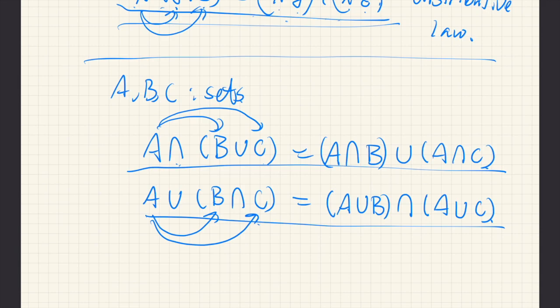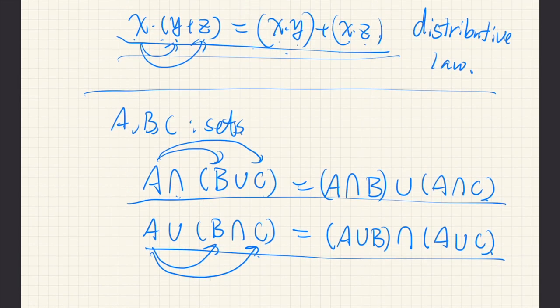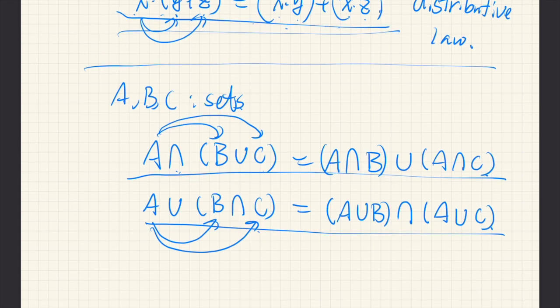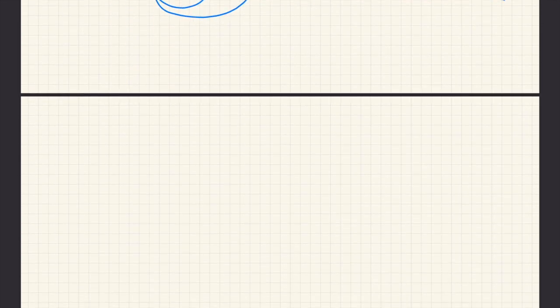So so far it seemed like we had some correspondence between set operations and number operations, right? Like union is similar to addition, and intersection is similar to multiplication.